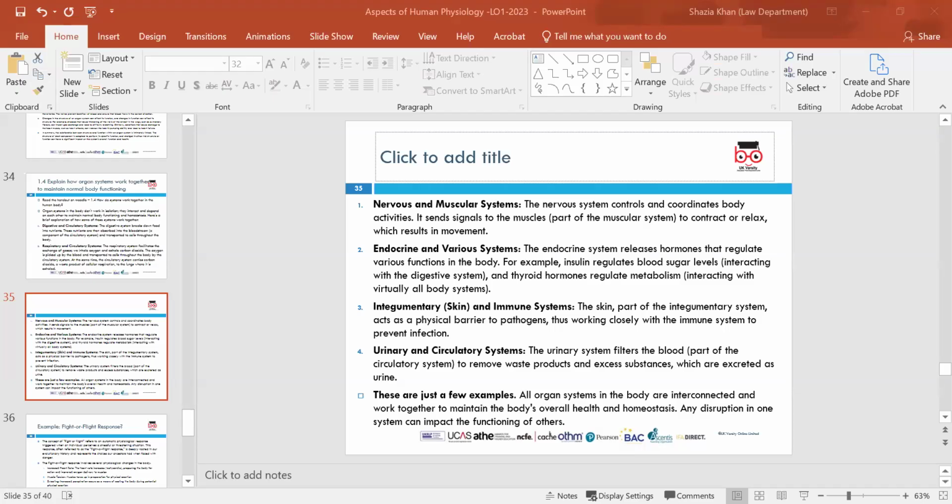The glucose needed for cellular respiration comes from the digestive system via the cardiovascular system, and the oxygen needed comes from the respiratory system, also via the cardiovascular system. So you can see how they work together and why they need to work together, to have a healthy body, but also to make sure that you're alive as well.